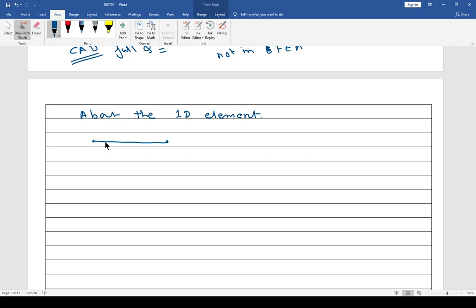Remember, I can use Gauss quadrature integration points. So I call this xi equal to -1, and xi equal to 1. This is how the element varies. Now this is a point somewhere, some location on that particular element, and this is the location. So let's consider this xi to be 0.8.